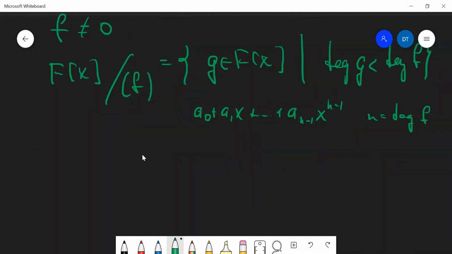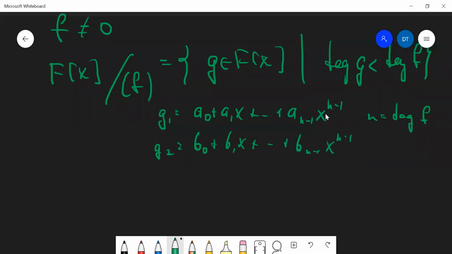Now I want to define the operations. First of all, the addition. If we have two polynomials like this, for example, g1, and g2 is another polynomial b0 plus b1x plus and so on plus b_{n-1}x^{n-1}.